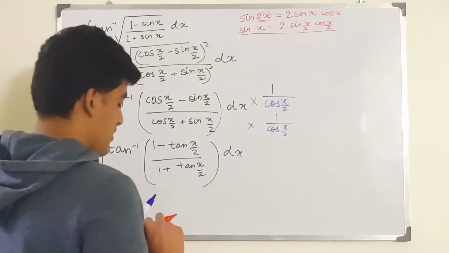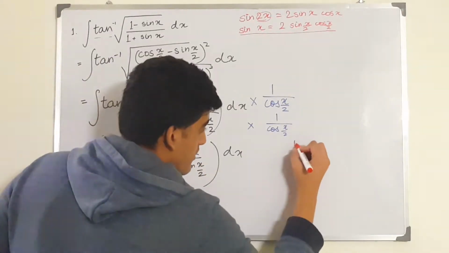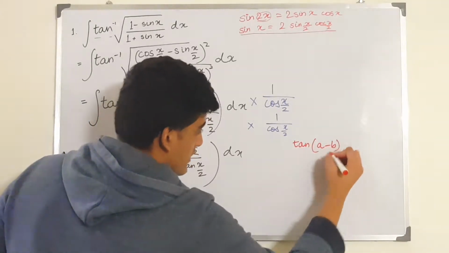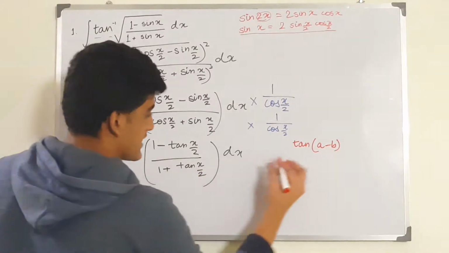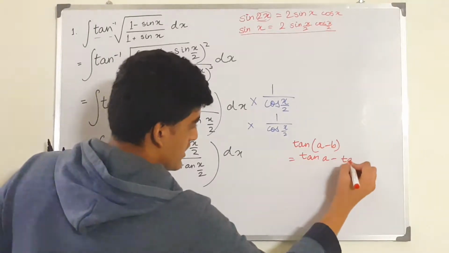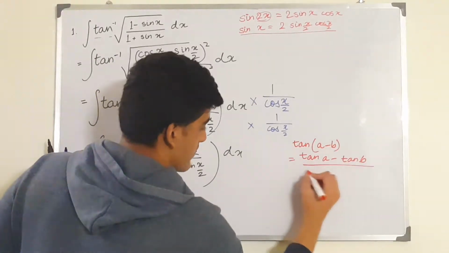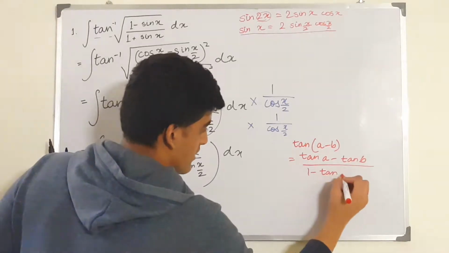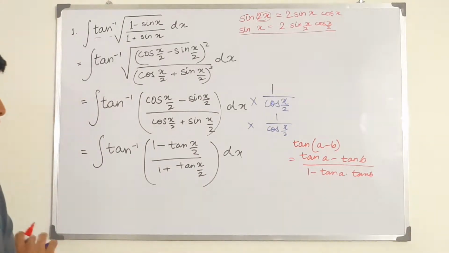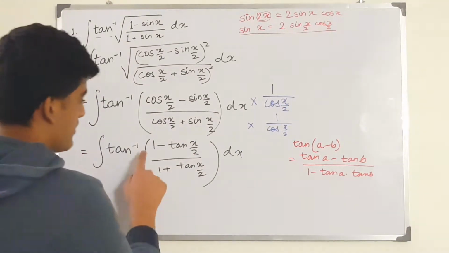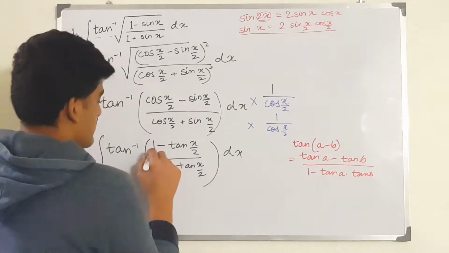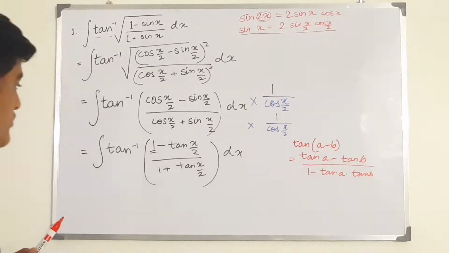When we subtract two variables within tan, this is the basic expression that we get: tan A minus tan B divided by 1 plus tan A multiplied by tan B. But there seems to be no tan in the first monomial over here.